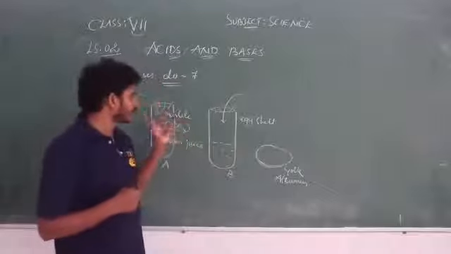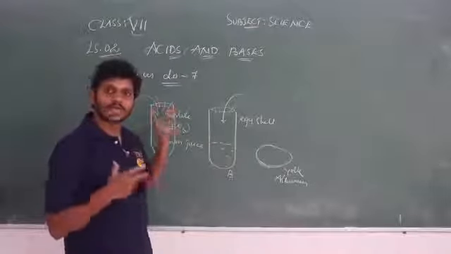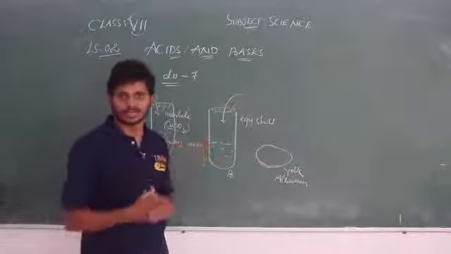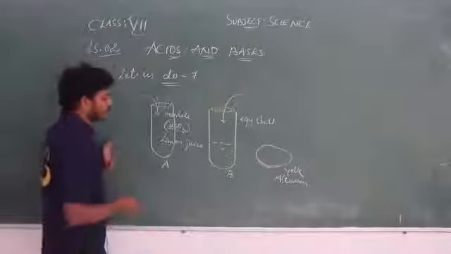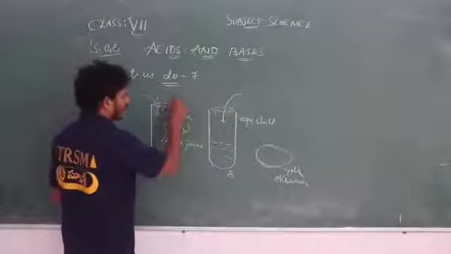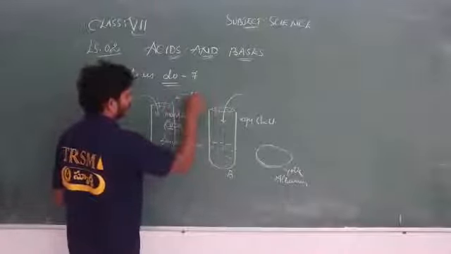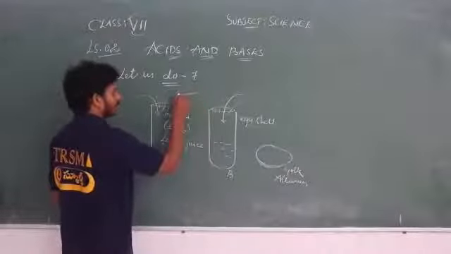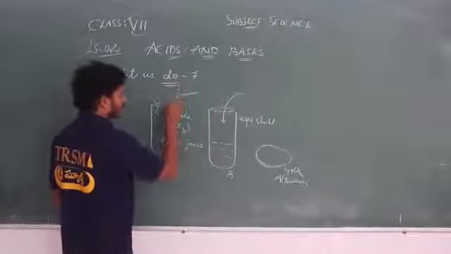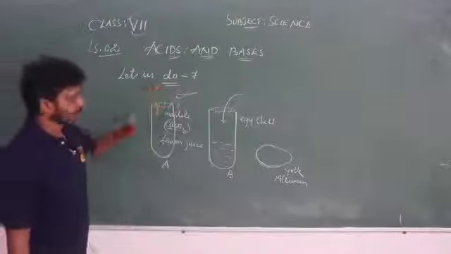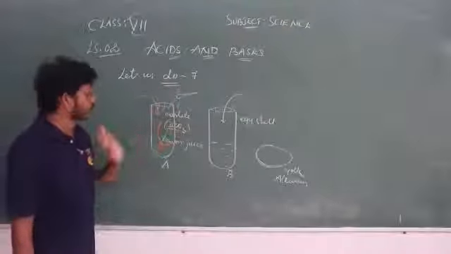Which gas is released? To confirm which gas is released, let us go for another test. Let us do a flame test. I brought a matchstick which is lighted near to the mouth of the first test tube.